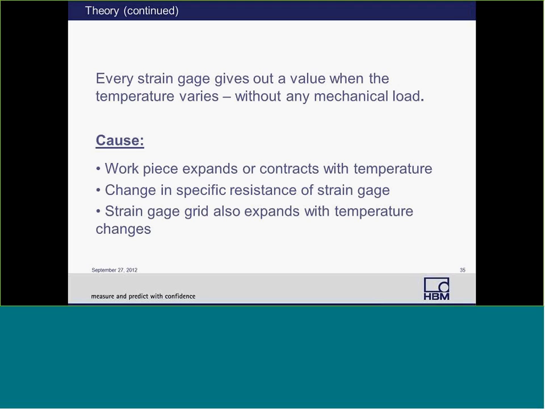Every strain gauge will give out a value when the temperature varies without any mechanical load. The reason behind this is that the workpiece that you're working on is going to expand or contract with temperature. There will also be a change in the specific resistance of the strain gauge. The strain gauge grid also expands with temperature changes.